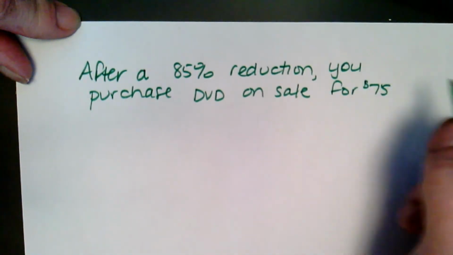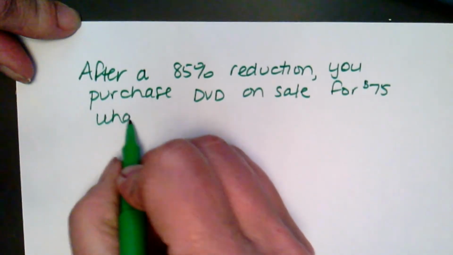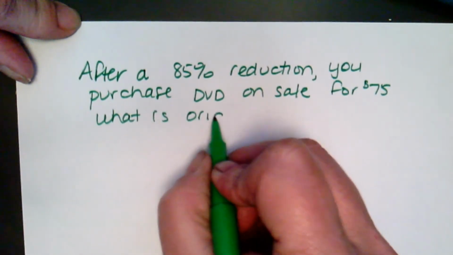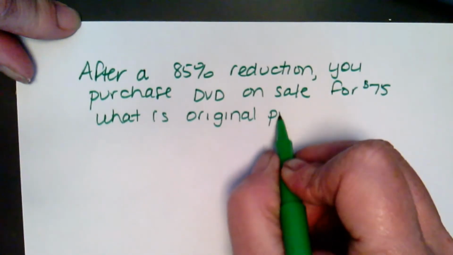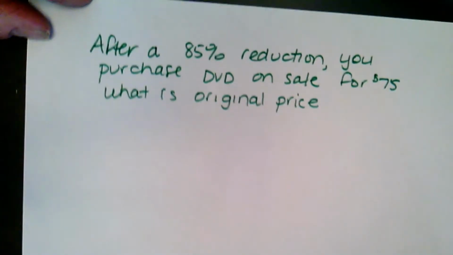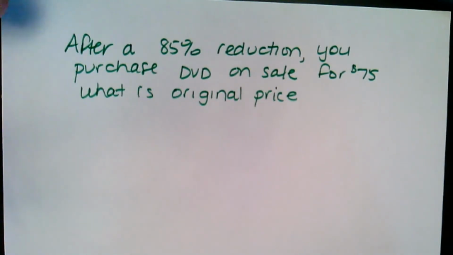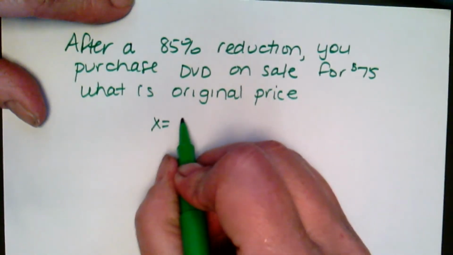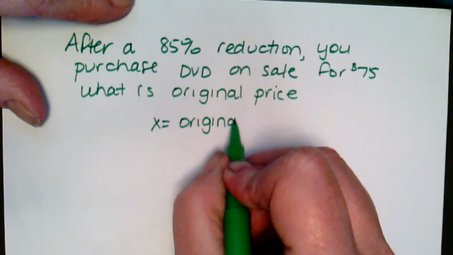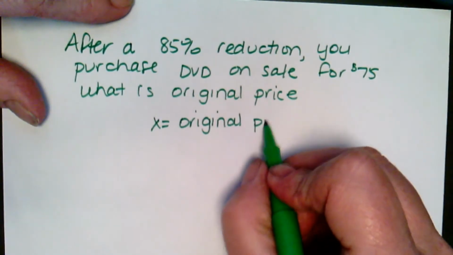So they want to know what the original price is. So this kind of formula works for sales, taxes, but we have to remember taxes are always added, sales are always taken away. So X is our original price, and this goes for sales and taxes.